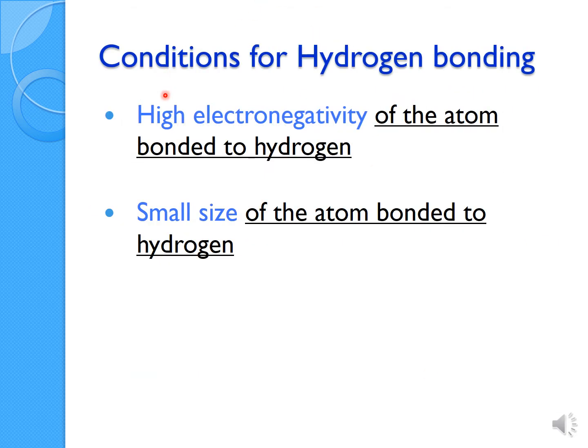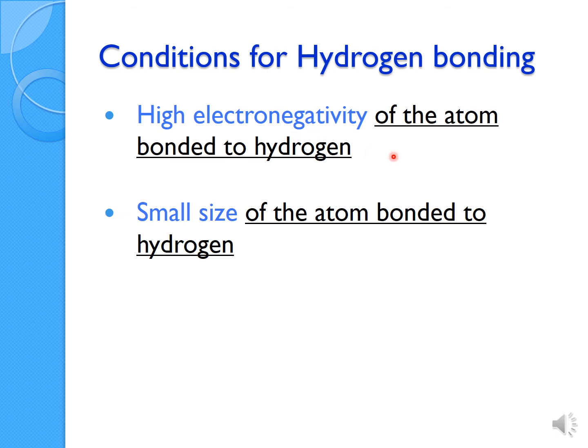Now let's see what the conditions for hydrogen bonding are. For a hydrogen bond to be formed between two atoms, two conditions have to be satisfied. The first is that the atom bonded to hydrogen should have high electronegativity. In the case of an HF molecule, as we have seen, fluorine is much more electronegative than hydrogen, so that is why it can form a hydrogen bond.